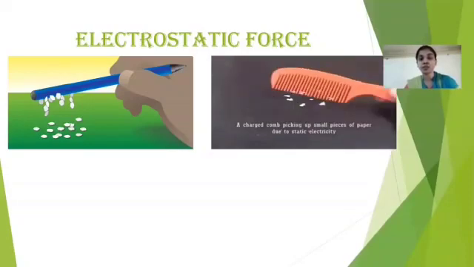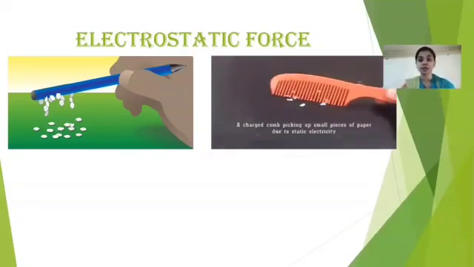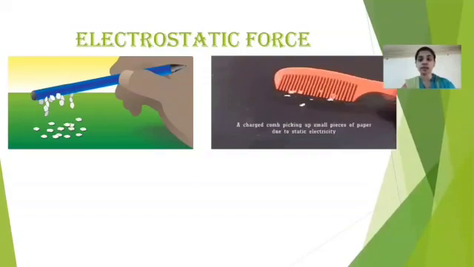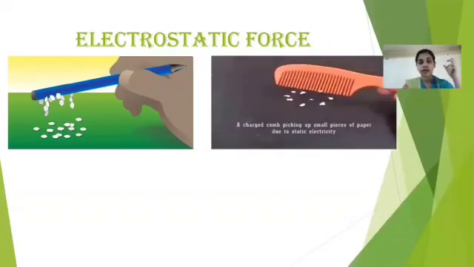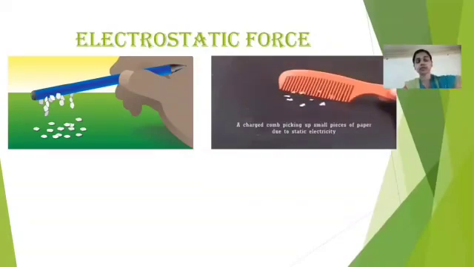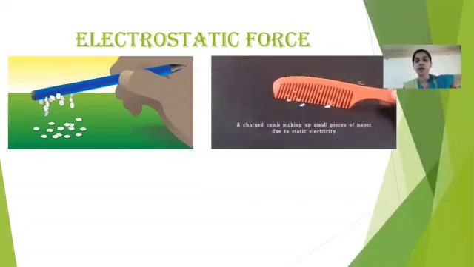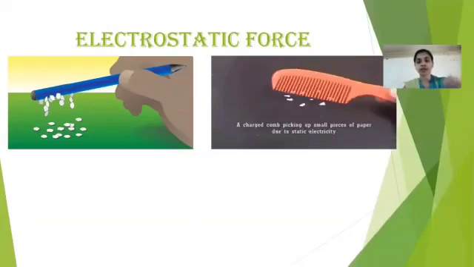The piece of paper is automatically attracted towards the scale. Why does this happen? You are not in contact with it, but still the paper is attracted towards the scale. Or when you rub a balloon on your hair and stick it on the wall, it sticks, or holds for a particular time on the wall.